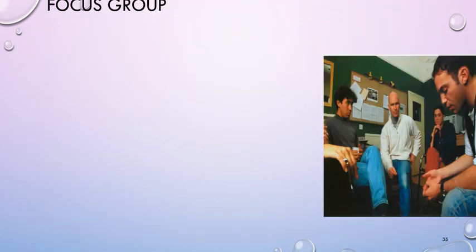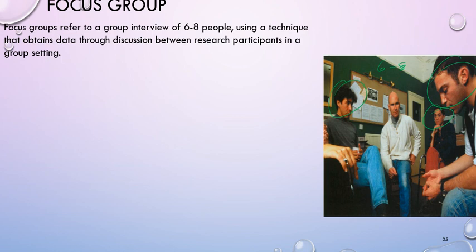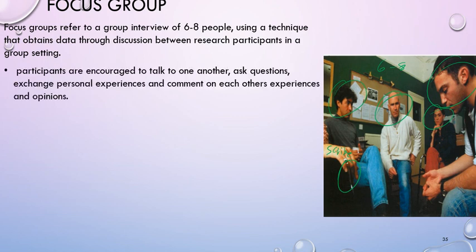Now, focus group. What I want you to remember in the focus group is that we have few people. A focus group has 6 to 8 participants. This is the major characteristic. And there is a specific technique to obtain data through discussion, and the participants are working in a group setting where someone has to be writing, keeping the notes, and has to be the scribe, and somebody has to be the one who is conducting the research.